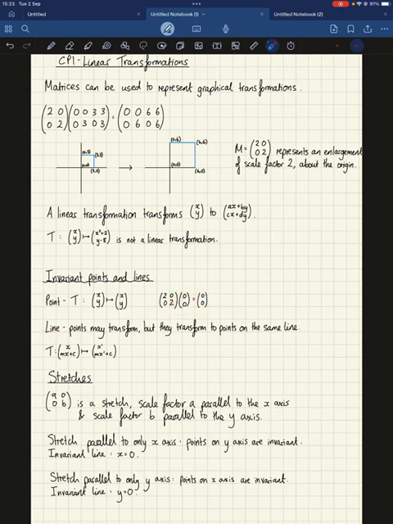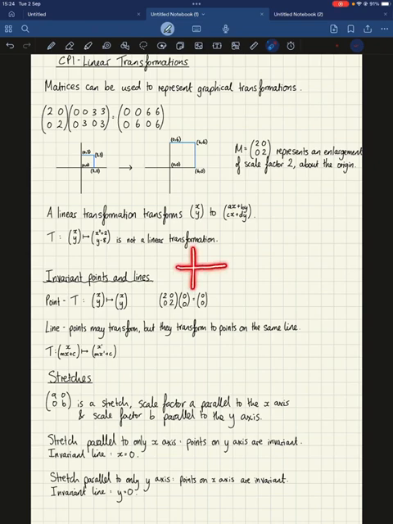Now an invariant line is where a line, if it undergoes a transformation, that line is still kept. The points lying on that line may swap around, but as long as they swap around to points that are on that line, the line can be classed as invariant.